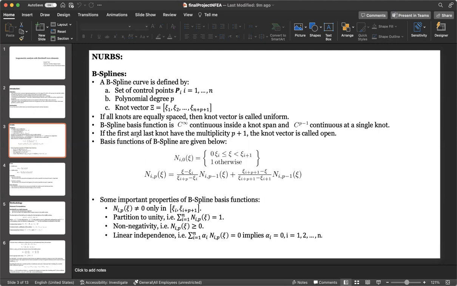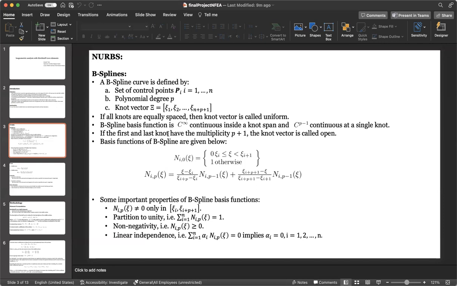Uniform if all the knots are equally spaced. One good thing about B-splines is that they are C infinity continuous inside a knot span, that is between two knots, and C^(p-1) continuous at a single knot.